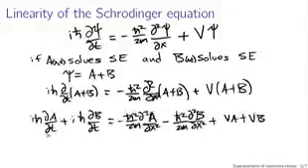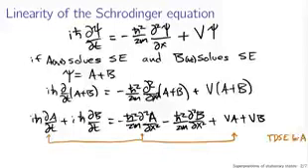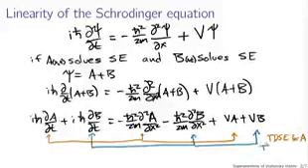Now, you can probably see where this is going. These three terms together make up the time-dependent Schrodinger equation for A. And these three altogether are the time-dependent Schrodinger equation for B. So if A satisfies the time-dependent Schrodinger equation, which is what we supposed when we got started here, then these terms will cancel out.